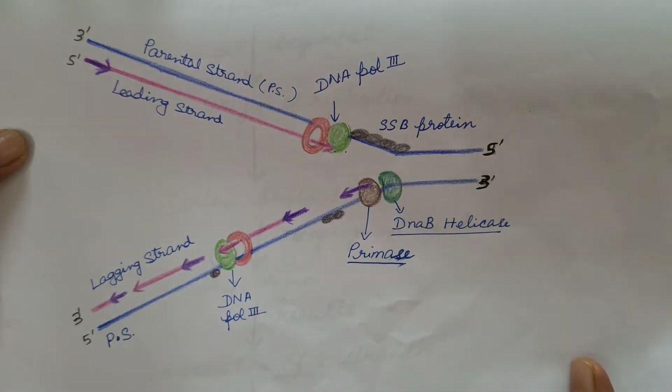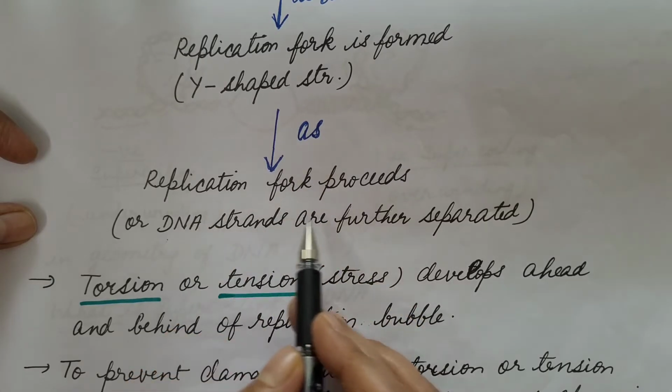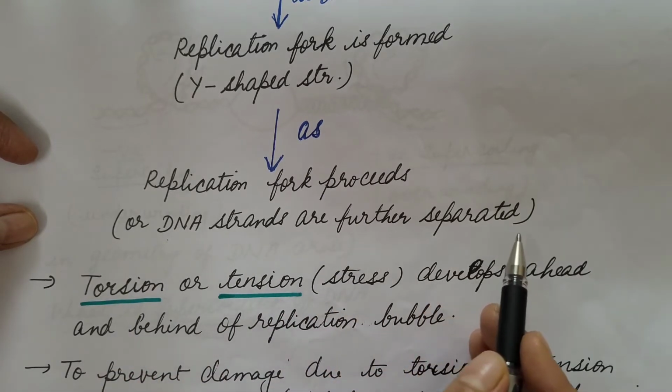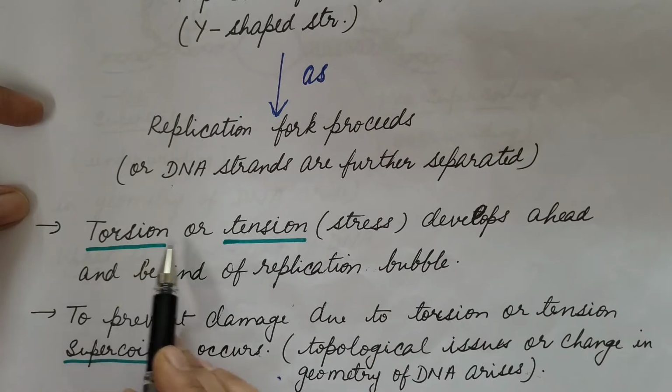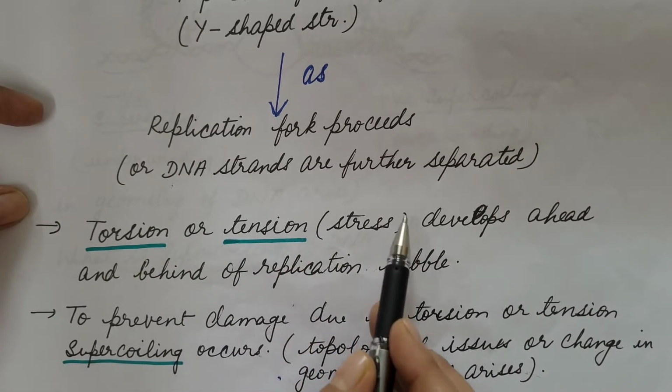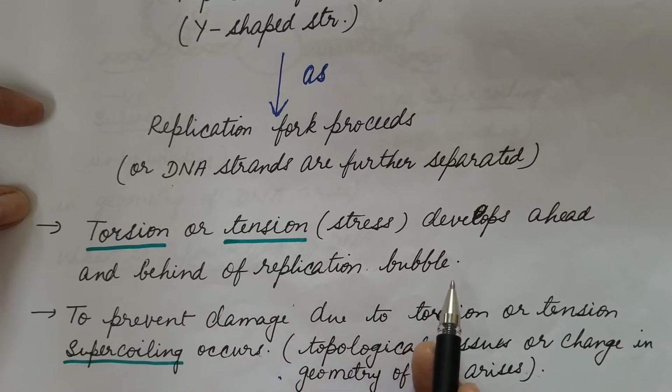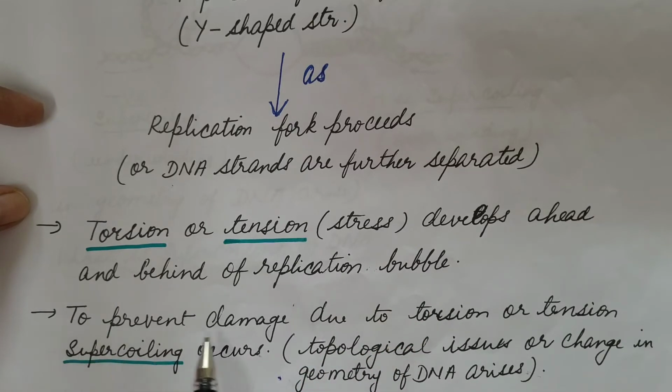the replication fork. As the replication fork proceeds and DNA strands are further separated, torsion or tension, that is stress, develops ahead and behind of the replication bubble. In order to prevent damage caused by torsion or tension, supercoiling occurs.